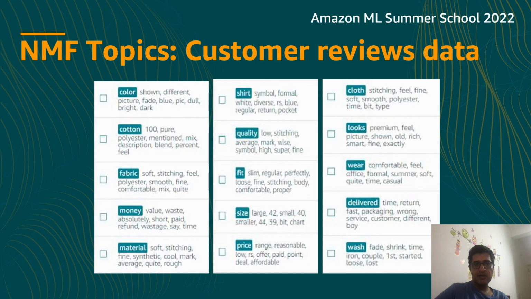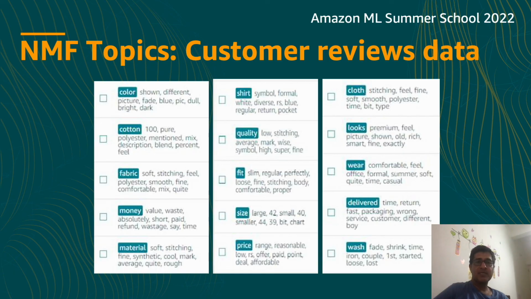Similarly, a money topic talks about: is it a waste of money, is it value for money, was it paid by cash or not, and were the refunds easy or not. Similarly, there are topics on cloth. How does the stitching of the cloth feel? Is this smooth? Is this polyester? And so on and so forth, right?